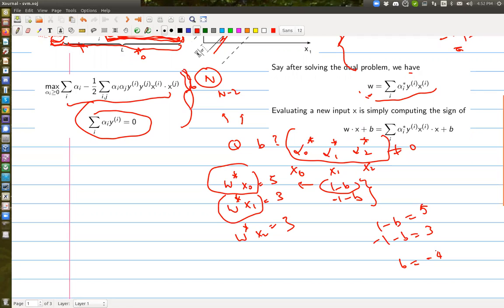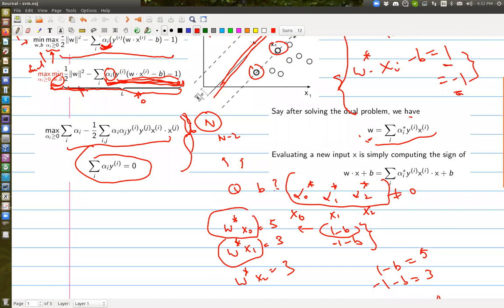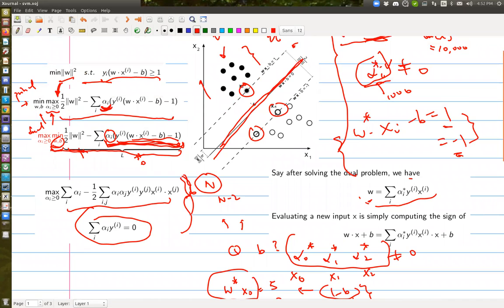So you see my point. Hopefully this is clear. Again, the main point is that only the support vectors will have non-zero alphas.